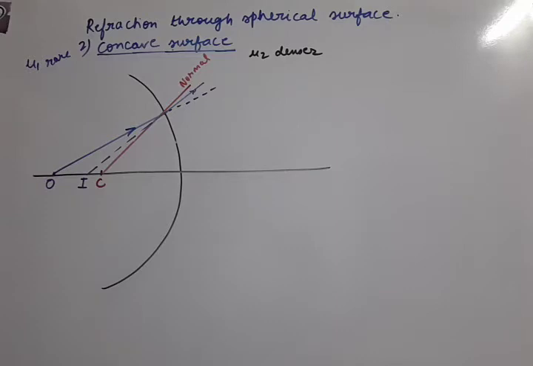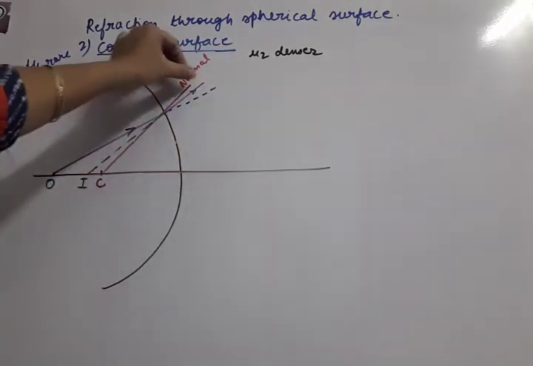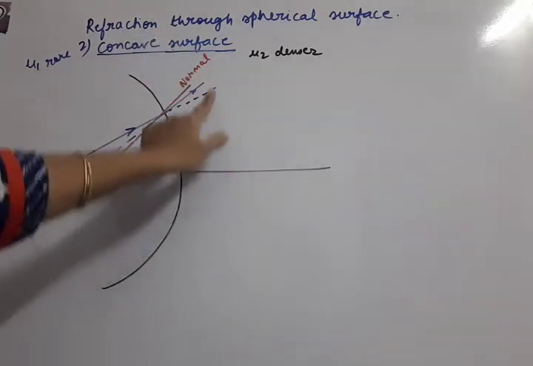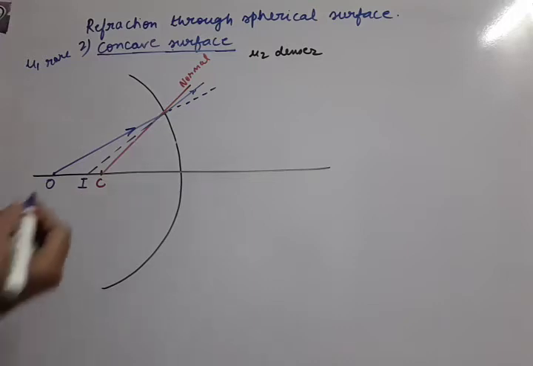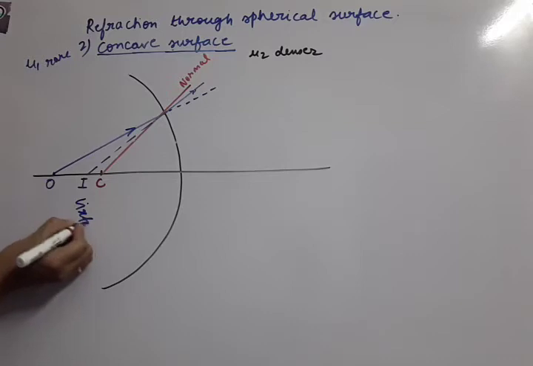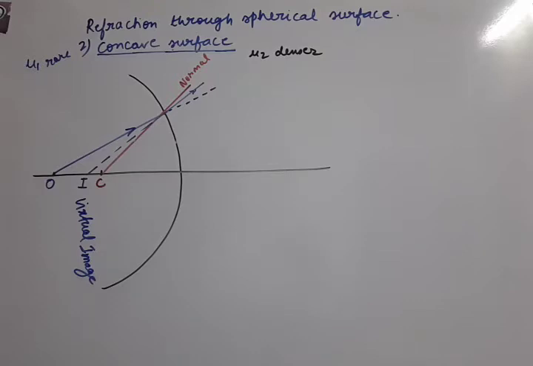Why virtual image? Because actually the rays are not meeting. Refracted ray is not meeting with the principal axis. We extended it behind and wherever it is meeting with the principal axis, there virtual image is formed. This is virtual image. In case of convex surface, real image was formed.